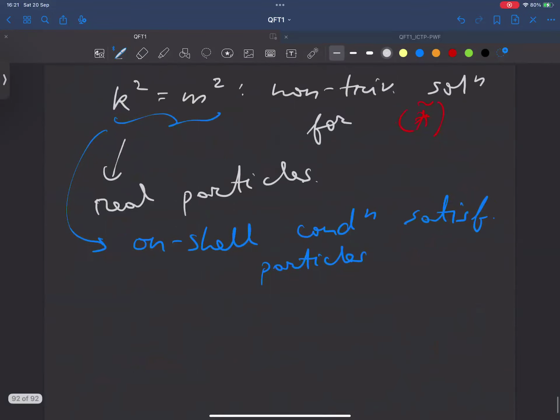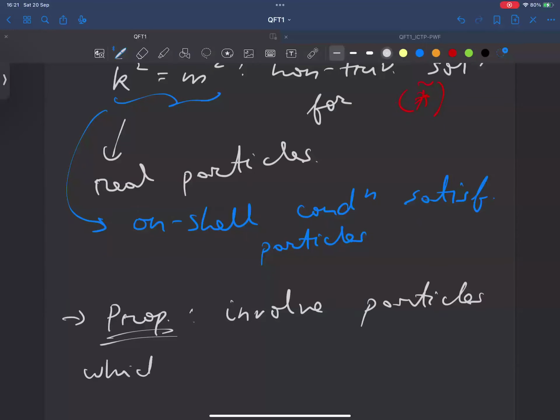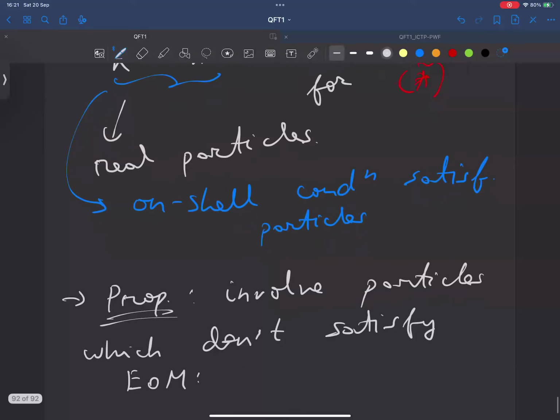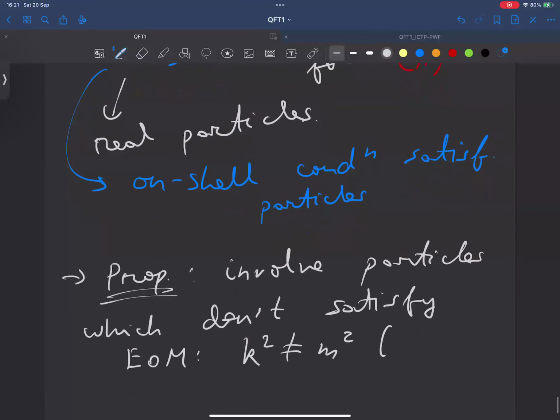If that's the case, then the propagator will involve particles which don't satisfy the equation of motion, or in other words, they break this condition, which is also called the mass shell condition.